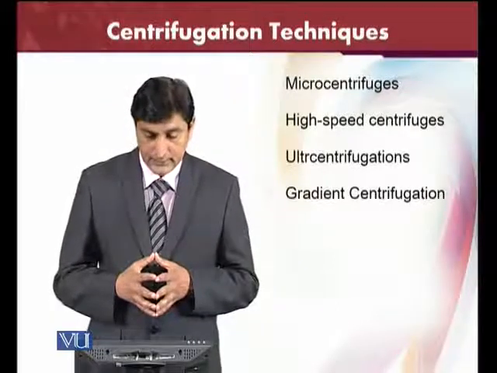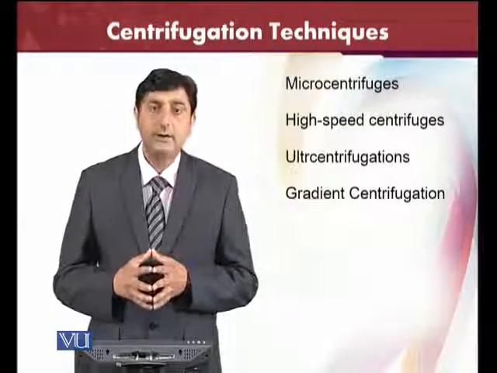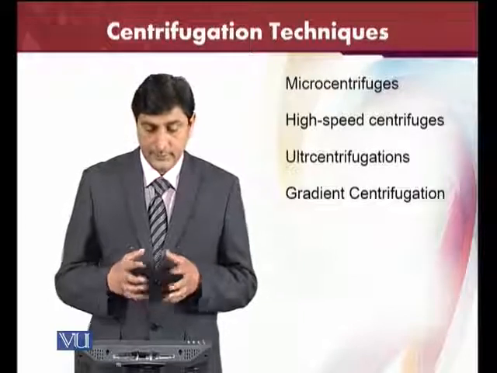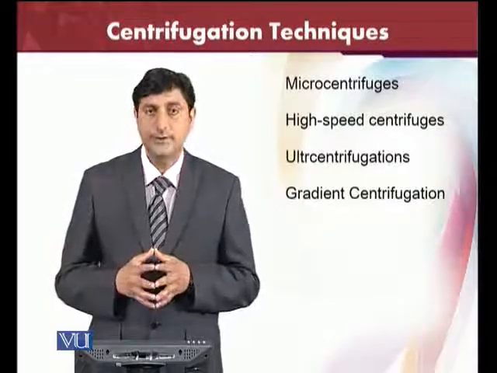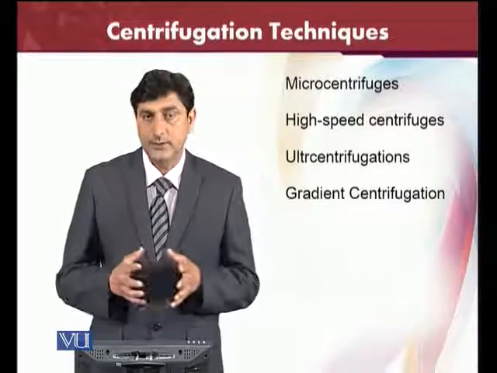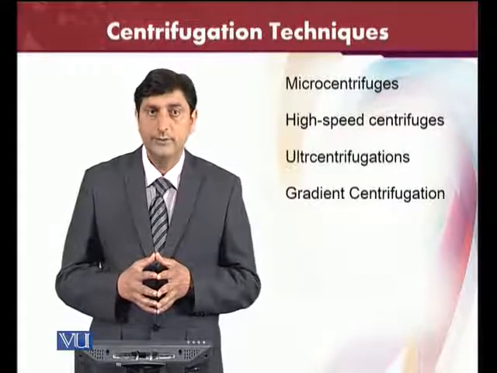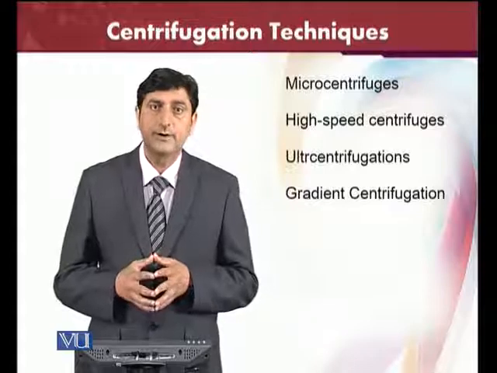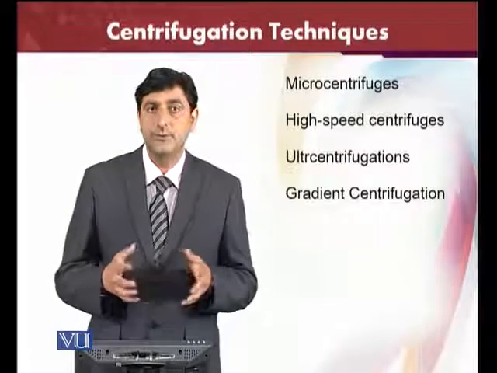And then there are ultracentrifugations, and then gradient centrifugations. We can also use these centrifugation techniques. Have a look at the movie on the coming slide, and you can see which kinds of centrifugation can be used these days.